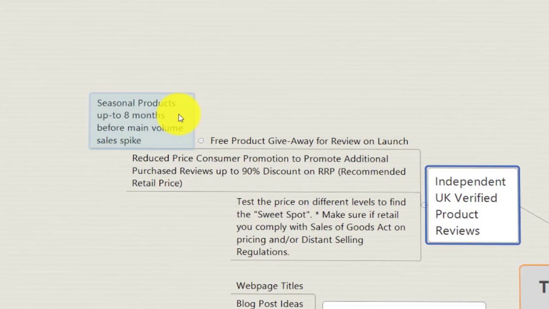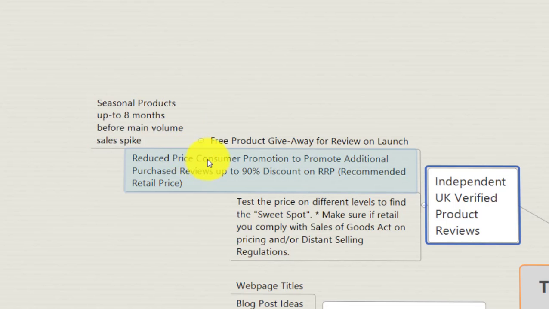If you're then having those products on places like eBay and Amazon, you are getting them recognized. So when the sales spike comes in, they've got traction, they've got something behind them. So that way you can get those products launched, get them out there, get them reviewed, and get them in front of people.